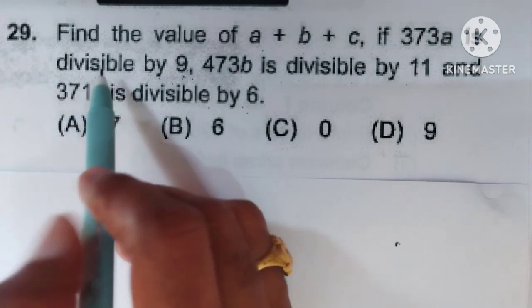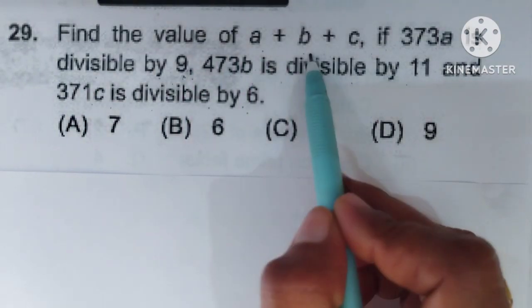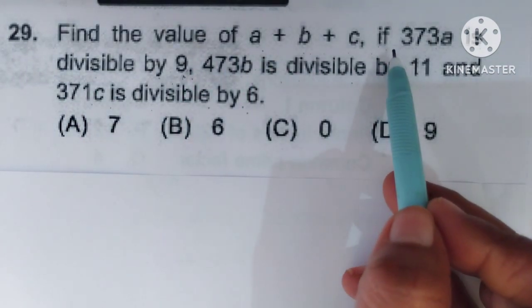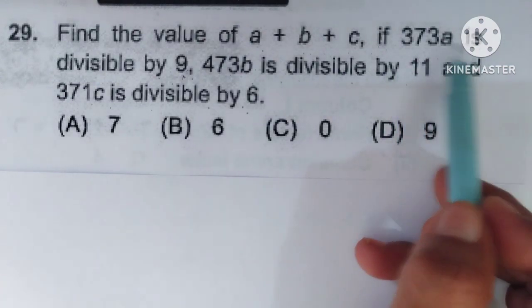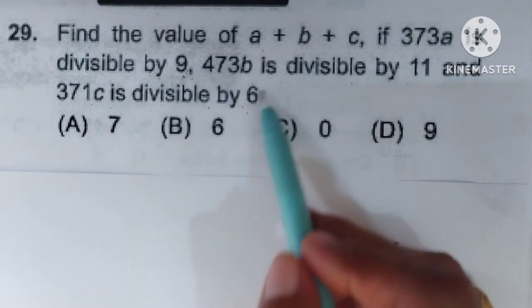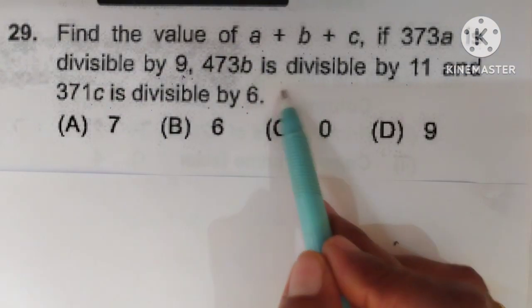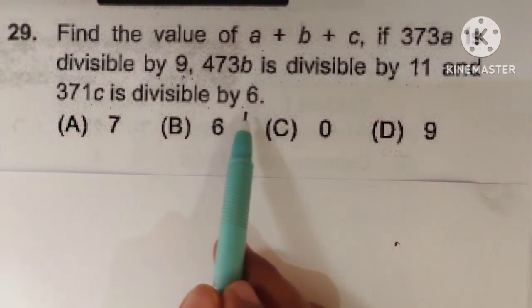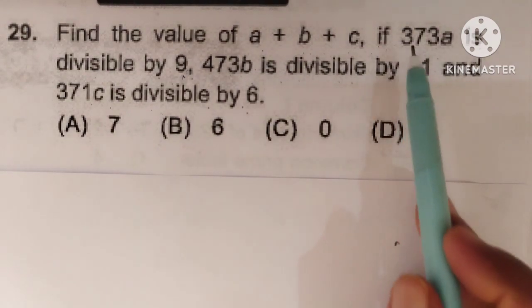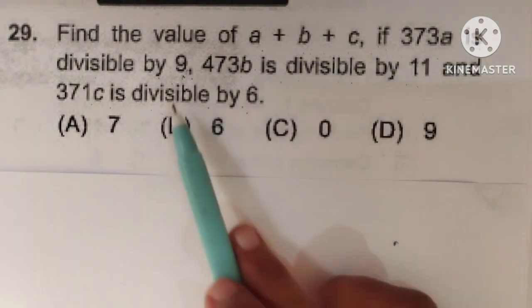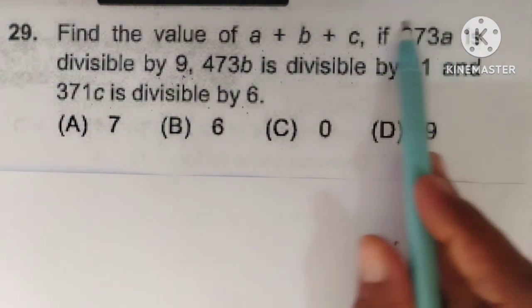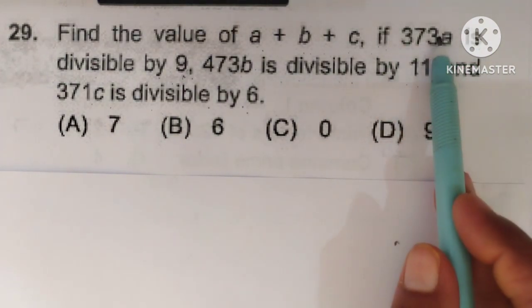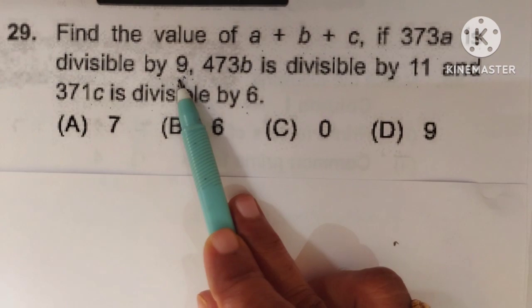29th question, find the value of A plus B plus C. If 373A is divisible by 9, 473B is divisible by 11, and 371C is divisible by 6. According to the divisibility rule of 9, if the sum of the digits is divisible by 9, the number is divisible by 9.